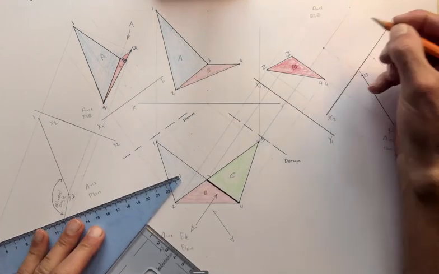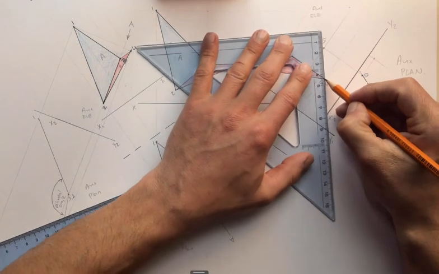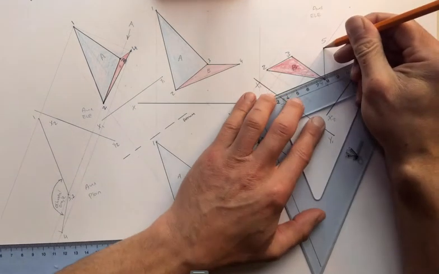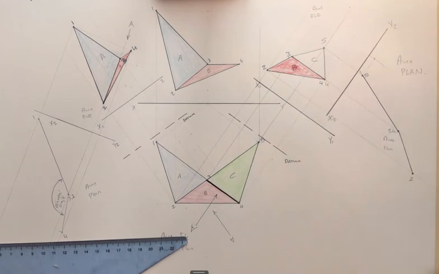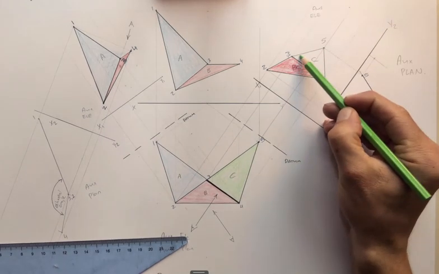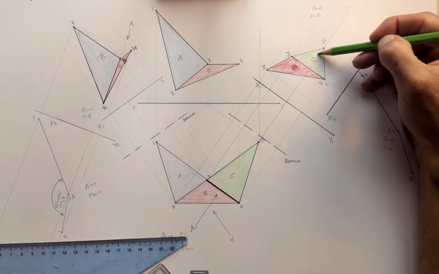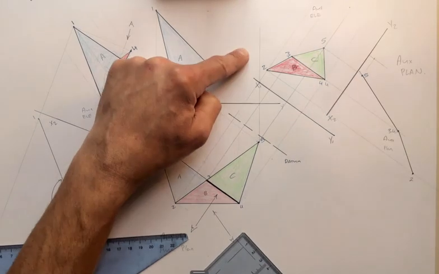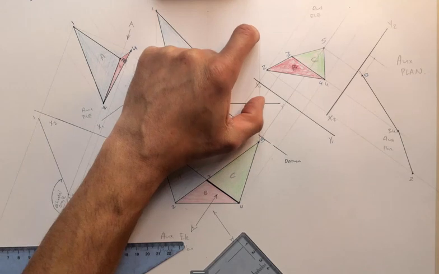Now I've got 5 in my auxiliary elevation. And that is plane C in green. I'm still missing it in the elevation.